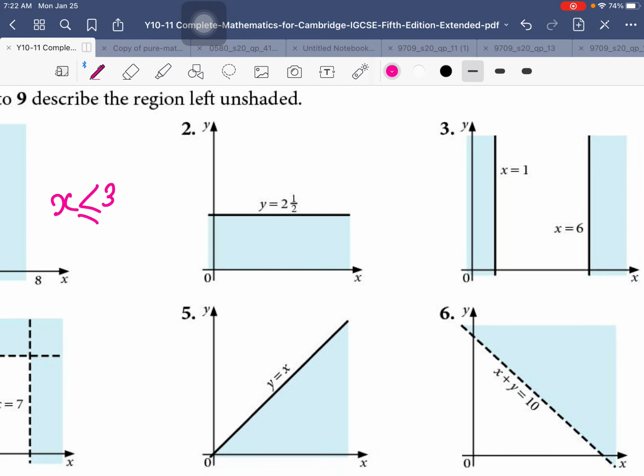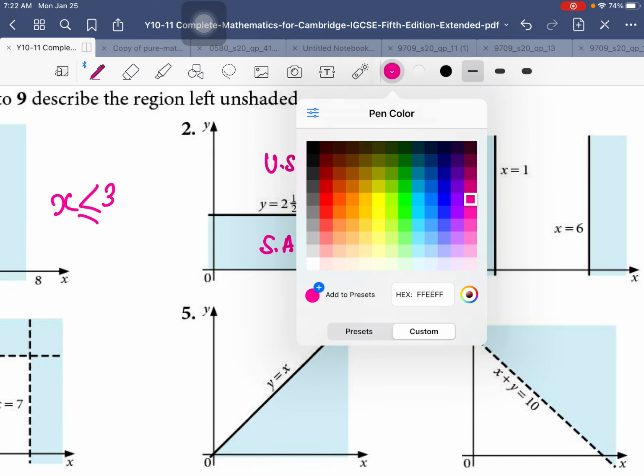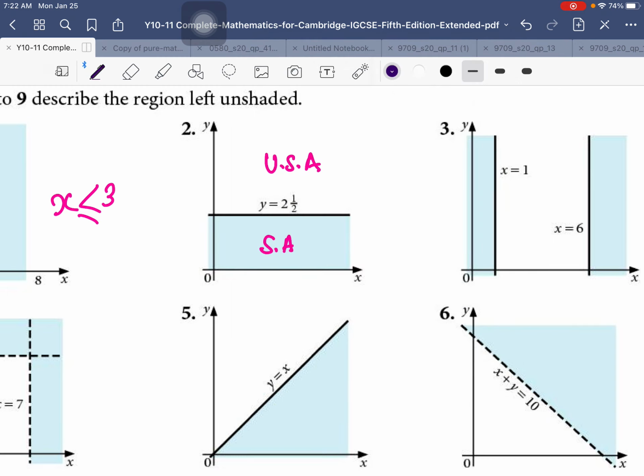Okay, what about this one? Here, this is the shaded area and this is the unshaded area. So we have to describe the unshaded area, the upper area. We're going to consider one point. This is y equal to 2.5. If I take y equal to 5, this point will be 0, 5, for example.